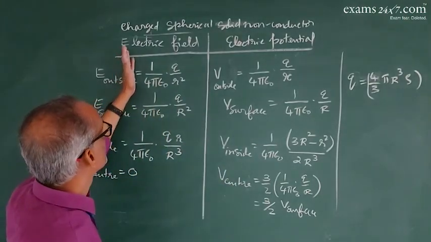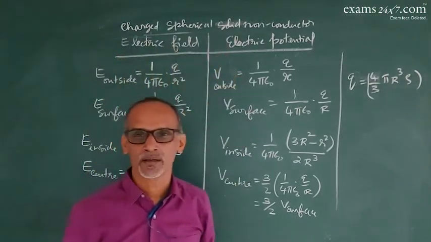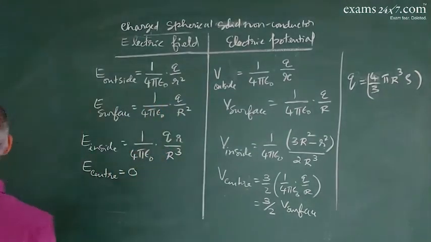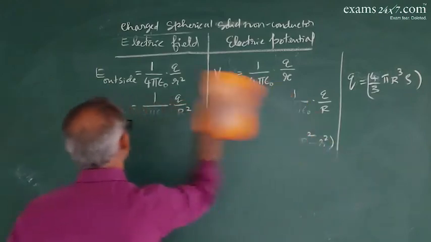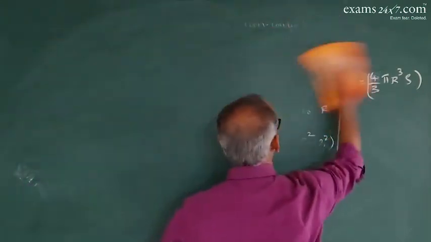So there's a slight variation in the equation of the electric field and electric potential due to a charged spherical solid non-conductor. So what is the variation of the graph in these two cases? That's what I'm going to explain based on the equation that we have written.